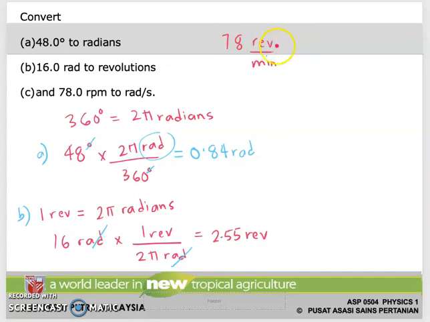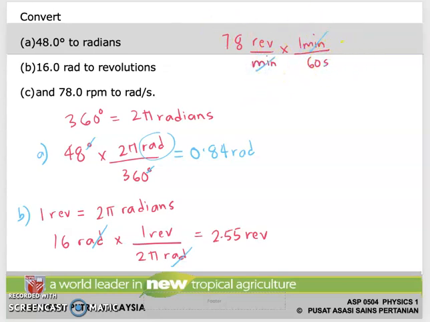I want to get rid of revolutions and convert it to radians, and I want to get rid of minutes and convert it to seconds. Let's do the easiest one first. How do I change minutes to seconds? I want to get rid of minutes, so 1 minute should be on top, divided by 60 seconds, because 1 minute equals 60 seconds and I want my seconds. So now I can get rid of minute.